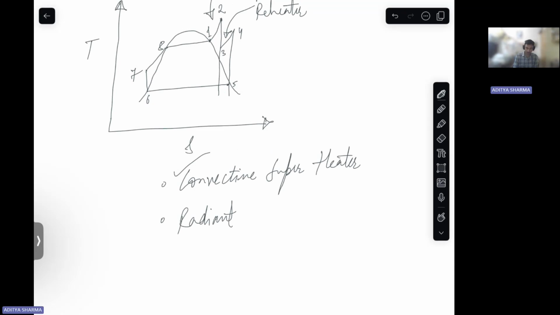Then is your radiant superheater. So by means of radiation here, the heating takes place, right? So all this heat transfer is related to flue gases only, right? And combustion that is taking place by means of fuel and air, right? In the furnace. Okay.